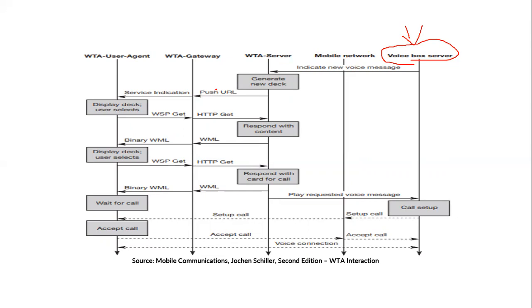Now, if the user wants to listen to the stored messages, then he can request a list of the messages. This is done with a WSP get request. Through the WSP get request, the user can request that he wants to read those messages.